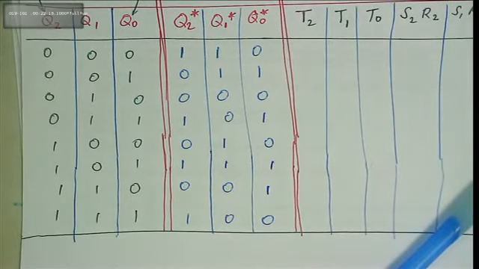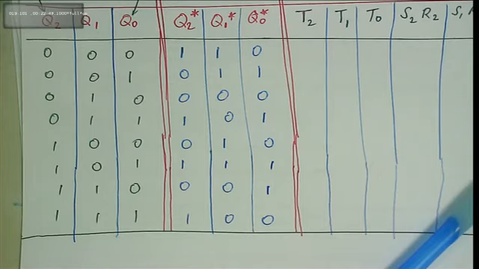Now, at this point in time, we have our current state, which is automatically populated using all the possible combinations. We have our desired state, where we want to travel to in the next clock pulse. We want to find out our input into the flip-flop which will drive us from here to here.